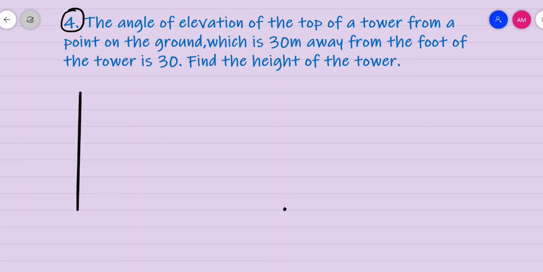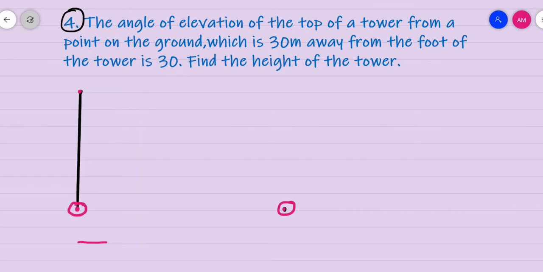Suppose this is the ground, and from one point on the ground, a person is looking here at the top from this particular point, which is 30 meters from the foot of the tower. That means this point is 30 meters away from this point.